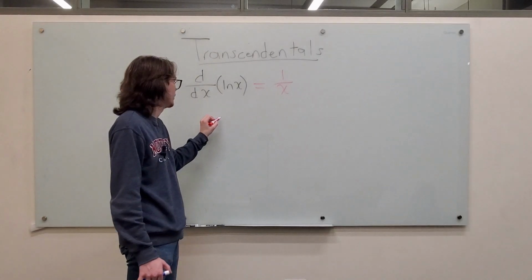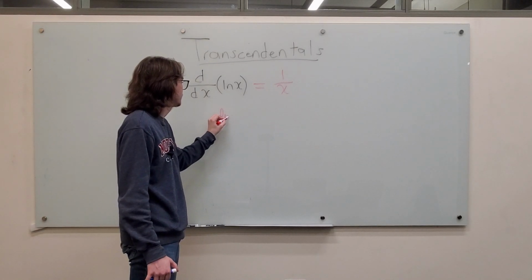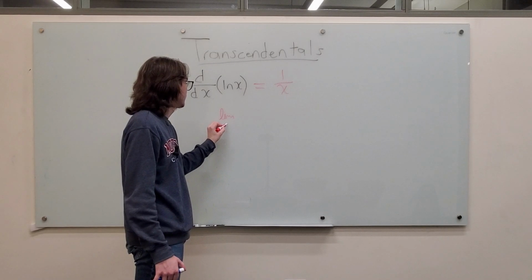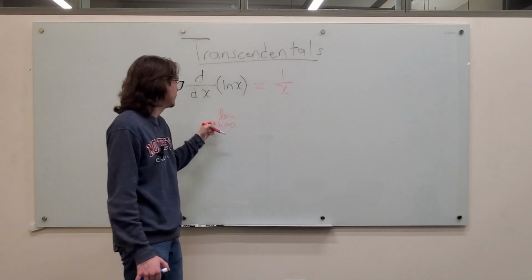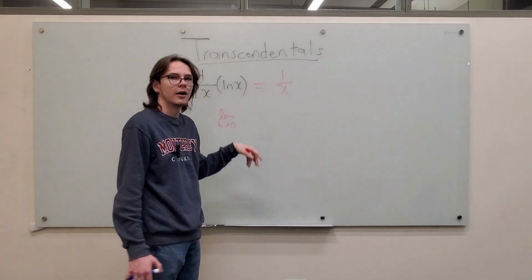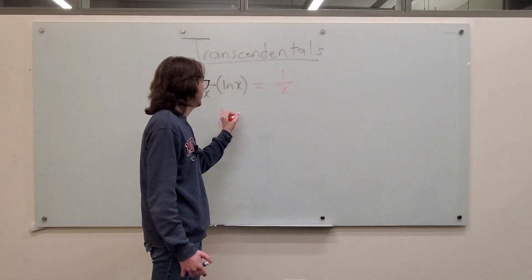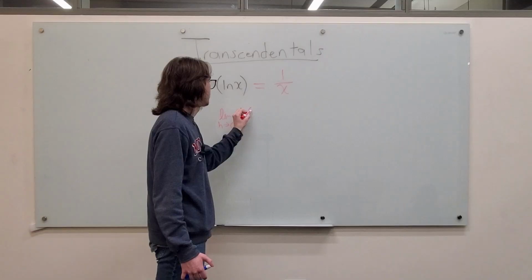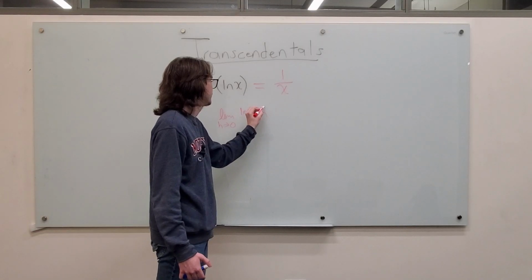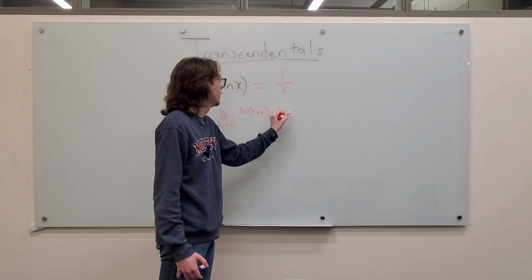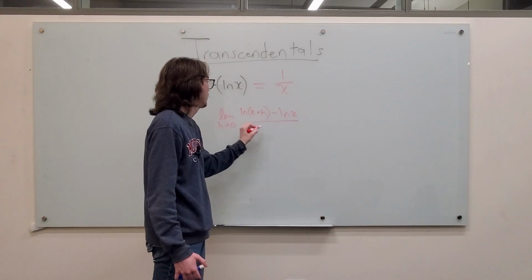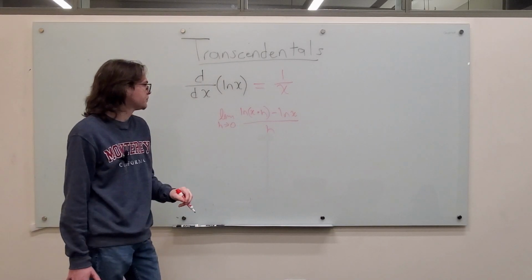So if you'll remember all the way back to first principles, we know that the derivative is simply the limit as h goes to 0 of f of x plus h minus f of x all over h. So we have the natural log of x plus h minus the natural log of x all over h.